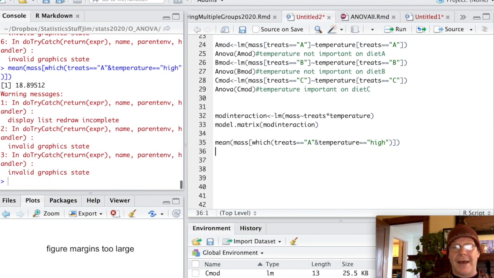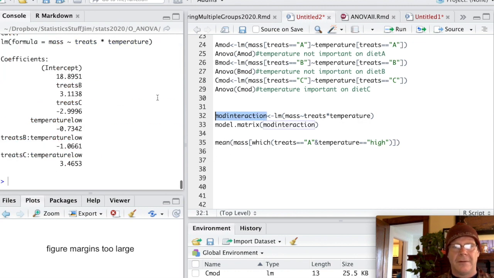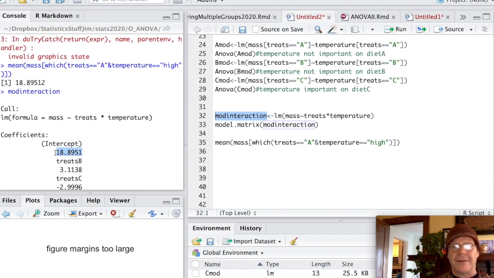I'm going to run that without getting all those warnings. And that's the mean of that group. If we look at our model, that is the intercept. So indeed, everything else, all the other combinations, are going to be measured relative to an individual that was on treats A at the high temperature.